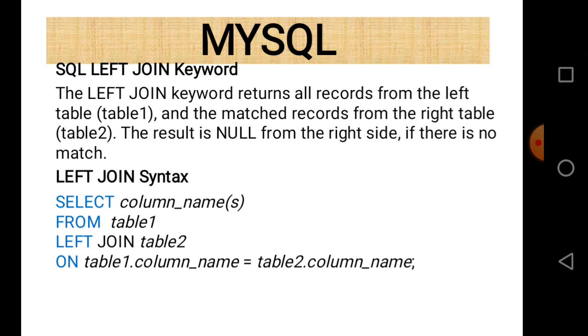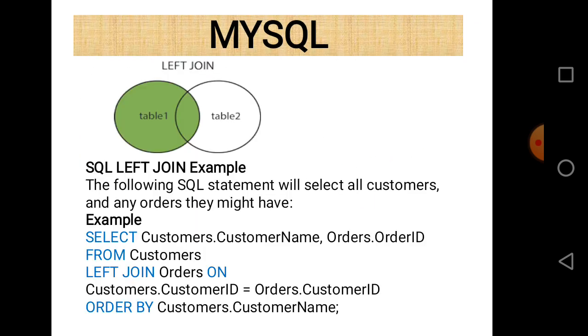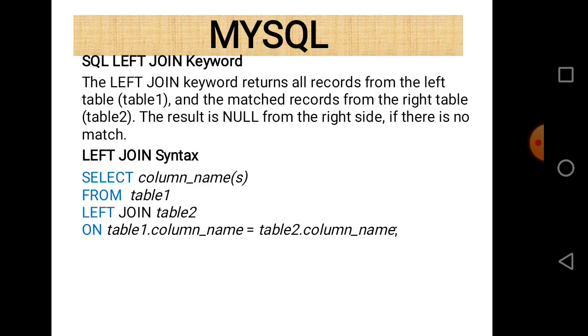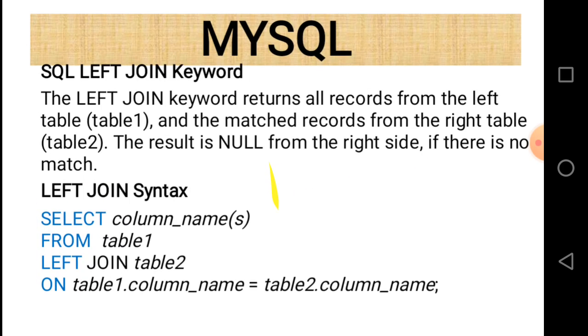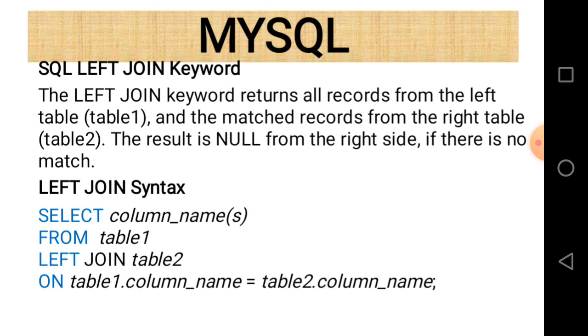So the left join keyword returns all records from the left table. It means the first table, which as far as our example is concerned is customers, and the second table is orders. We will discuss the diagram later on.